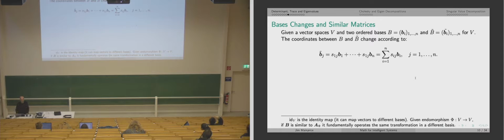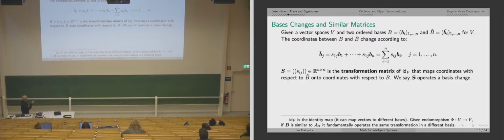So it's a square matrix, and it's a transformation matrix, just in the same way. But it's actually the identity matrix, expressed in different coordinate systems, in basis B tilde and in basis B, and we say that matrix is operating a basis change.